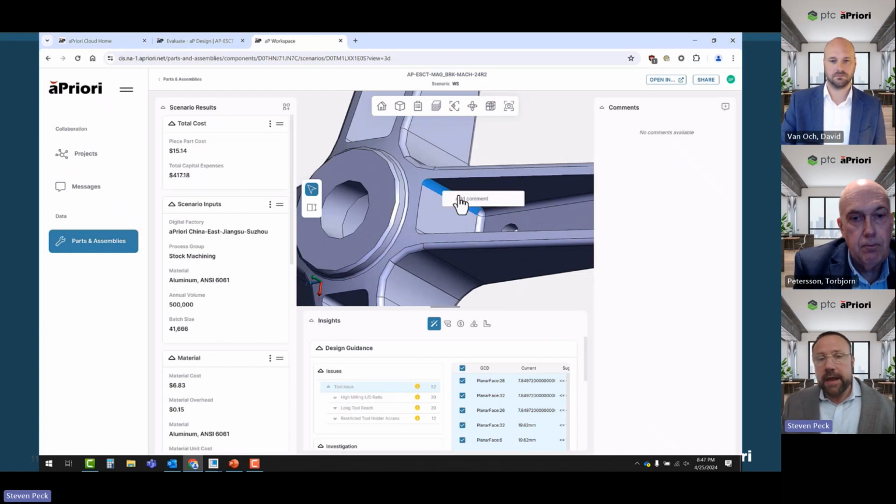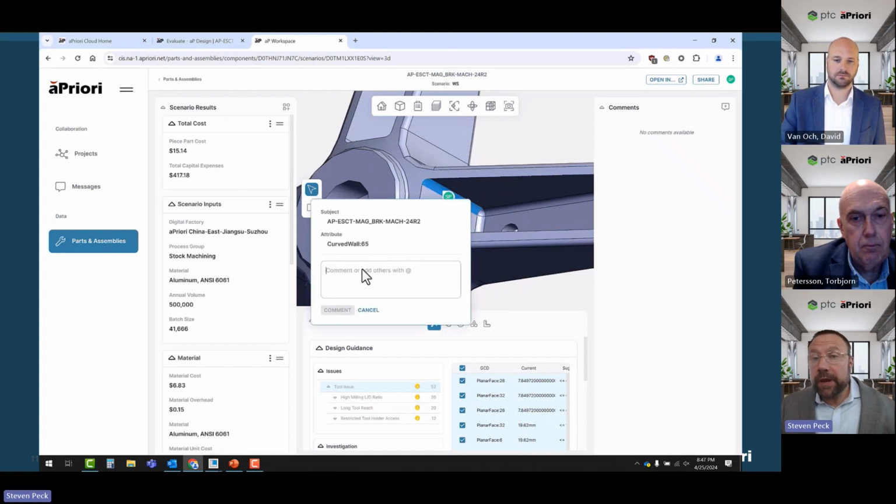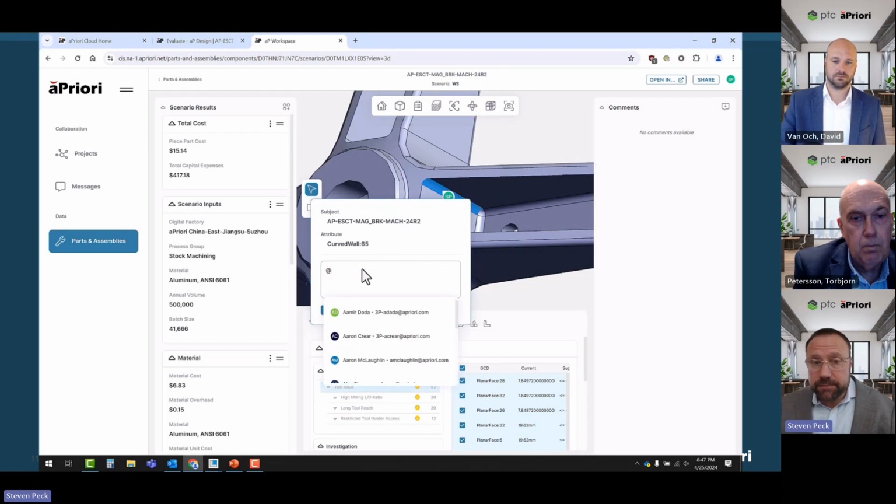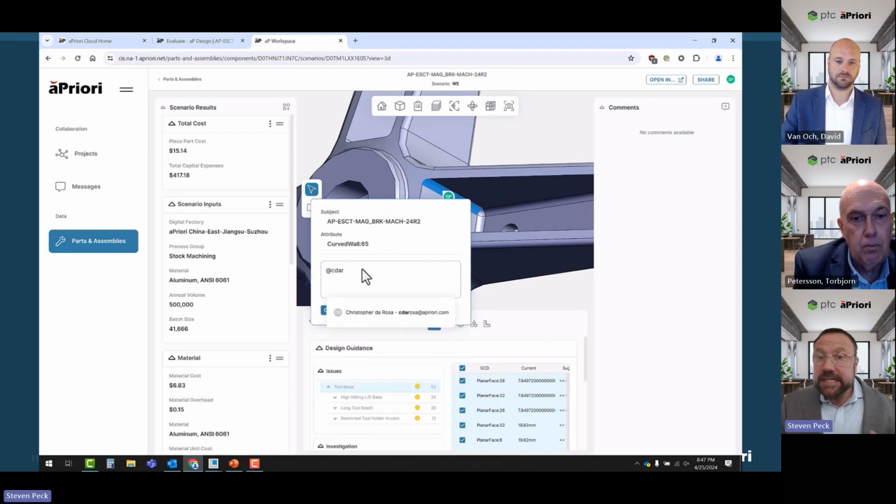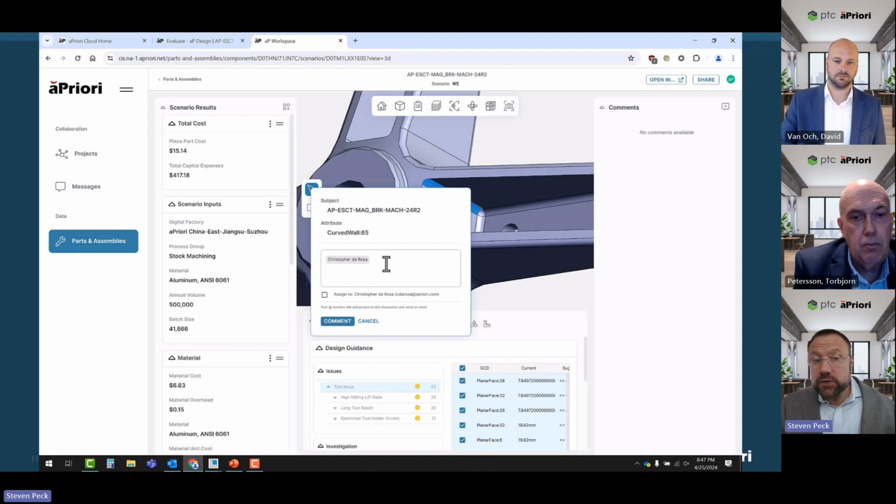So we can bring in expertise from others. Perhaps this is a manufacturing expert, a design lead, or possibly sourcing. In this case, I'm pinging my buddy Chris, asking if it's acceptable to increase that radius. Chris is going to get an email notification and be able to directly launch into this and provide feedback.